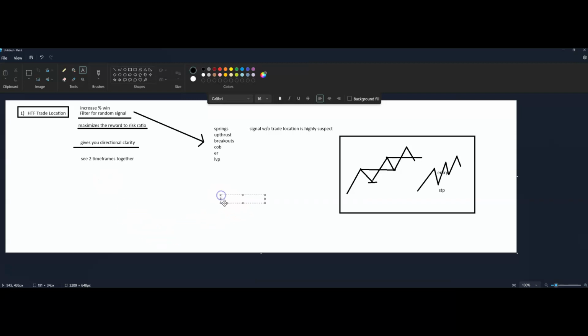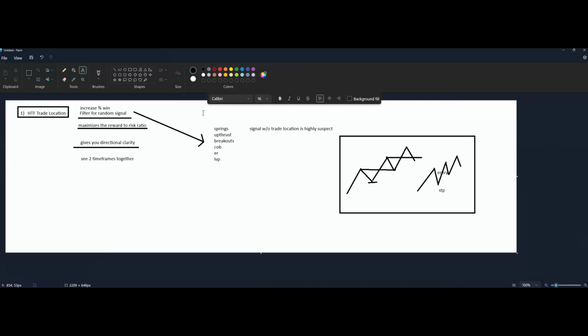Look at what signals are doing. Signals are a disaster. If you see most people's charts, they're giving signals all over the place, right? Because those signals do not take trade location into account in the code. A lot of times they can't.